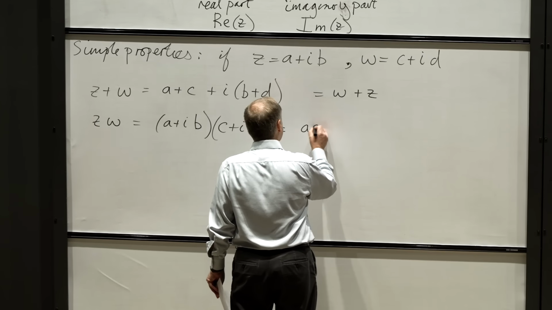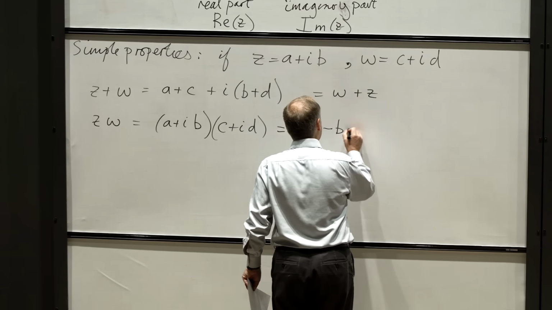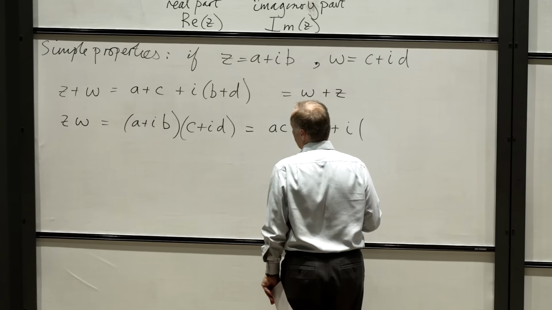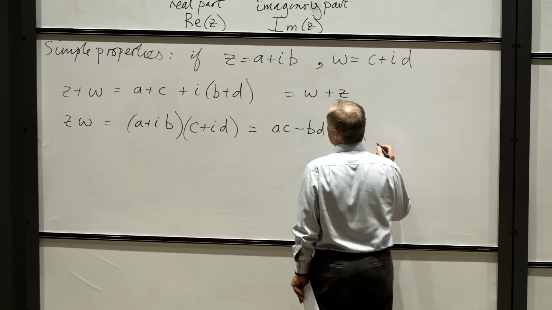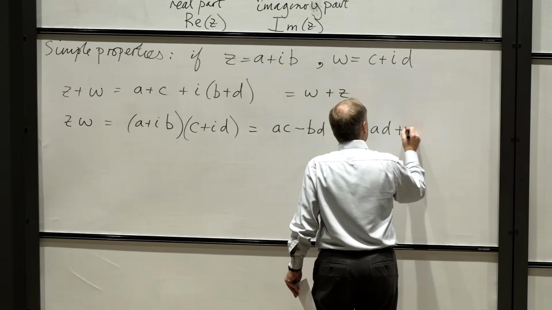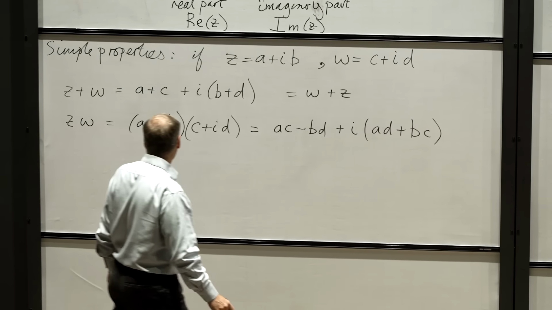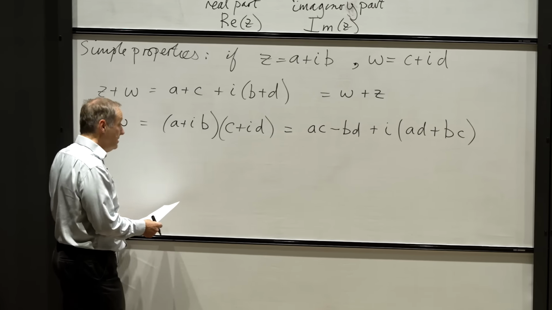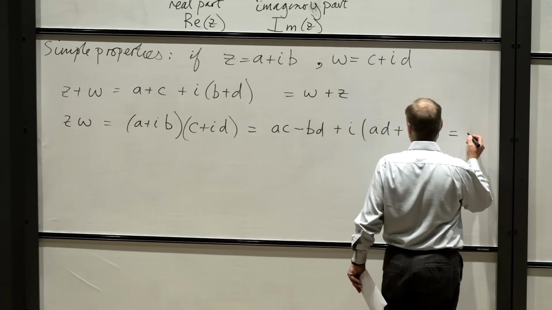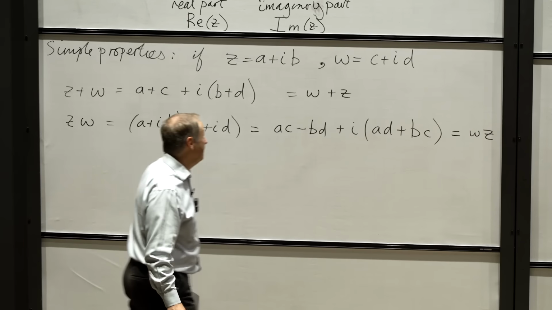So this is AC, and because I squared is minus 1, it's minus BD. And then we have the cross terms, I into, which one am I going to write first? AD plus BC. Okay, so that's the product of two complex numbers. And you notice also that this is actually, you can work out for yourself, this is the same as W times Z.